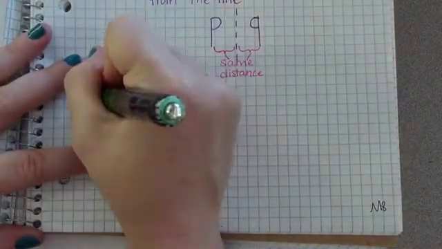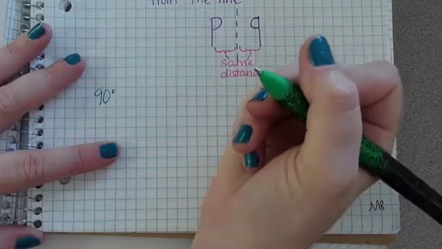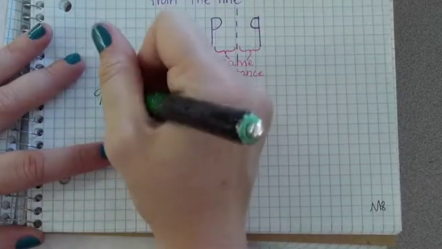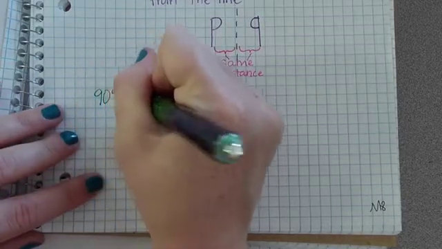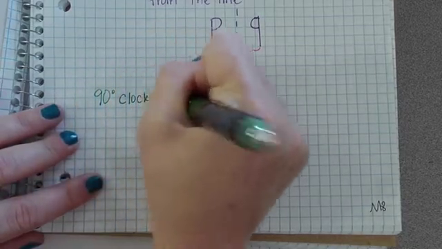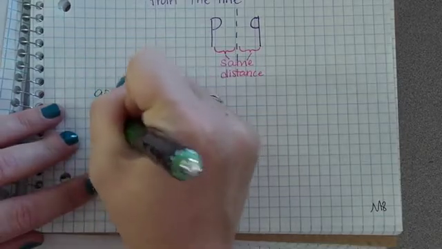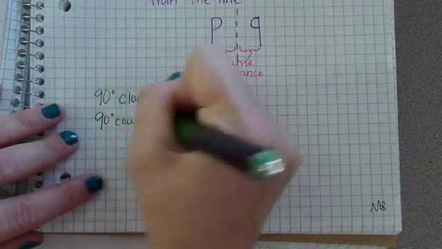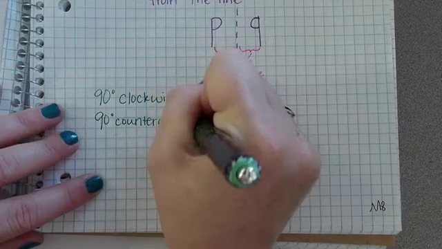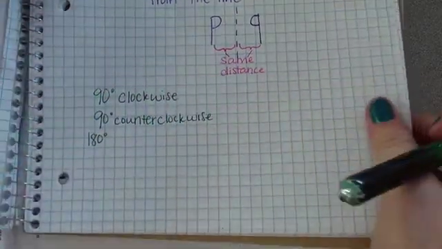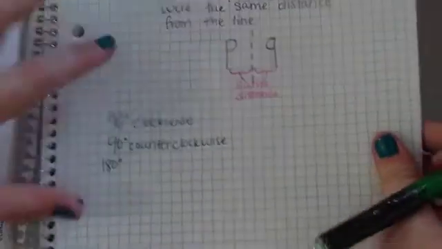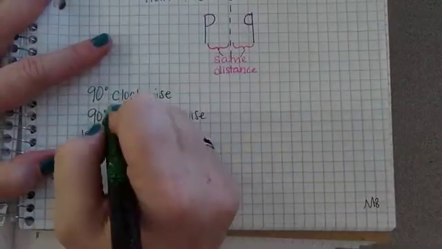So we're going to do 90 degrees clockwise, and we're going to write that down. We're going to do 90 degrees counterclockwise, and then we're going to do 180 degrees. So if you want to write that over there too, you can. But let's talk about what this means.